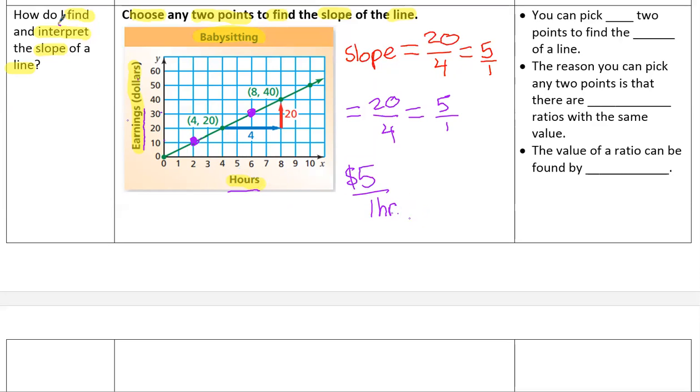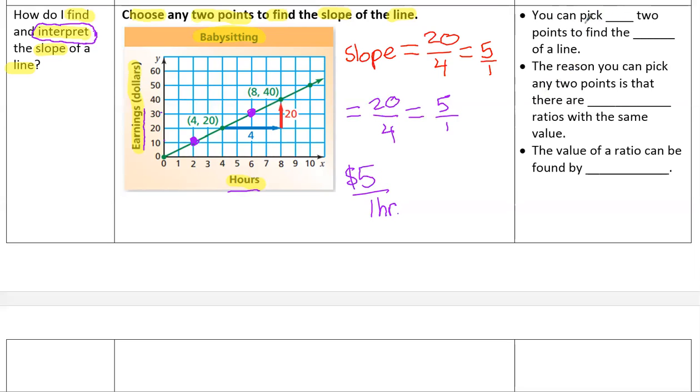That word interpret means to attach the meaning of the numbers using their units. So this is $5 per hour. If you ever look at a graph, the way you can tell what the slope's going to be, just take whatever the y-axis is labeled as and put it over whatever the x-axis is labeled as. So that's dollars per hour. That tells us how much we're getting paid, which, by the way, ain't much, but that's okay.